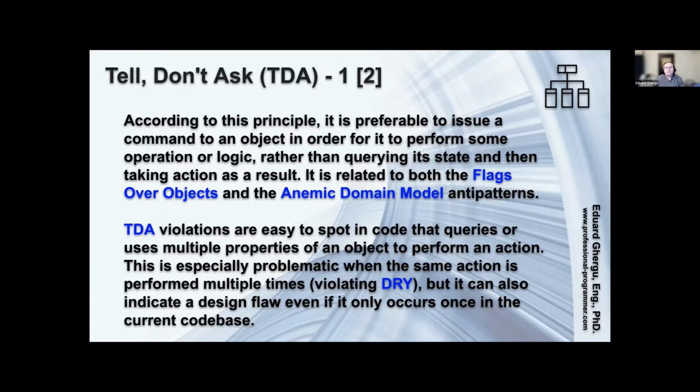Anemic domain model refers to objects that have only properties or methods to change or get the values of these state variables. So we'll not have any logic to perform any action implemented at their level.